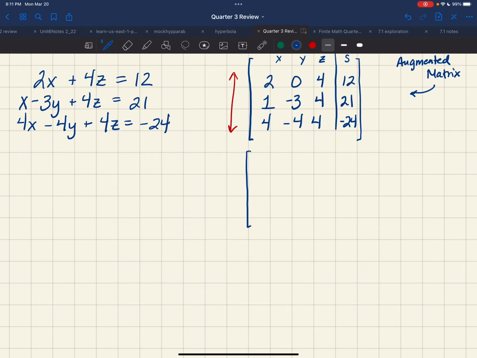So let's say I want that 1 to be my top one. So 1, -3, 4, and 21. And then let's say the next row I want is my 4. So 4, -4, 4, and -24. And then the last row is going to be 2, 0, 4, and 12.